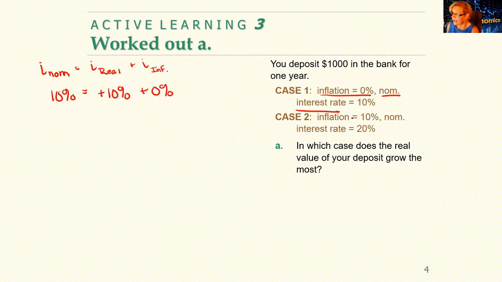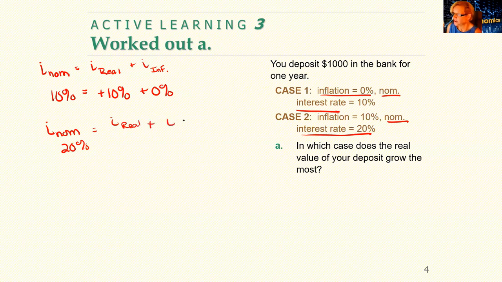Now, in case 2, our nominal interest rate is 20%. That seems like it's more, but is it really? The nominal interest rate here will be 20%. The real rate of interest is what we're going to calculate.